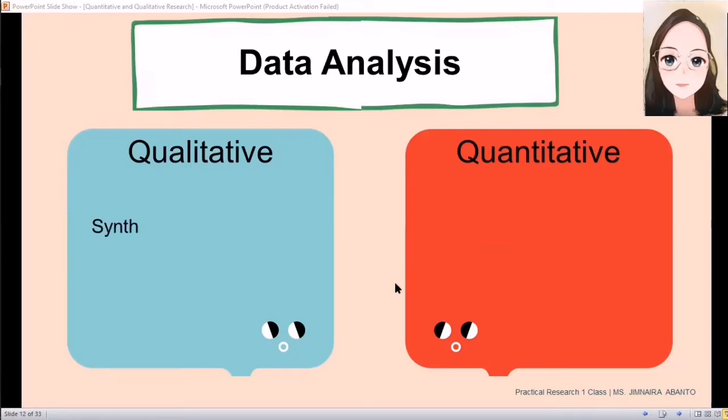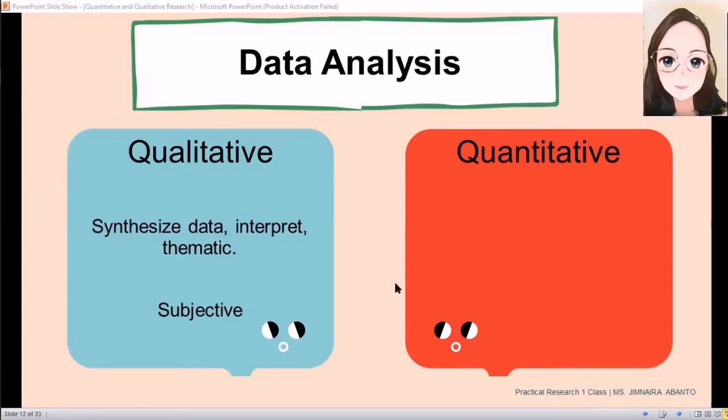Data analysis. In qualitative research, you synthesize data, interpret, and it is thematic and subjective. So, qualitative research is primarily subjective as it seeks to understand human behavior and the reason that governs such behavior using the personal views of the researcher.